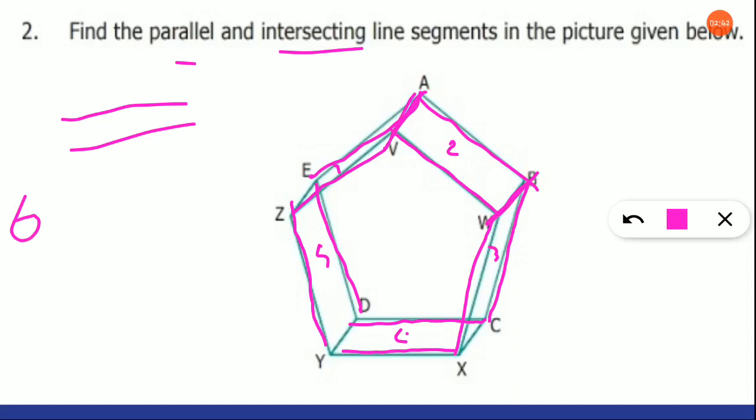Okay, and then shall we say this BW is parallel to CX, that is the seventh one. Okay, next the CX is parallel to DY, right? Since everything is a parallelogram, it is going to be the same distance only. So the CX and DY is the next set. Okay, that is the eighth one.